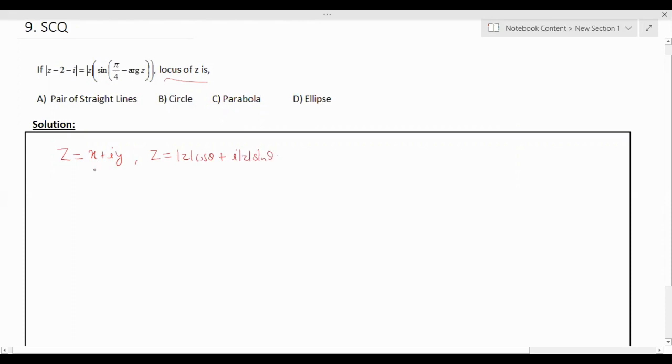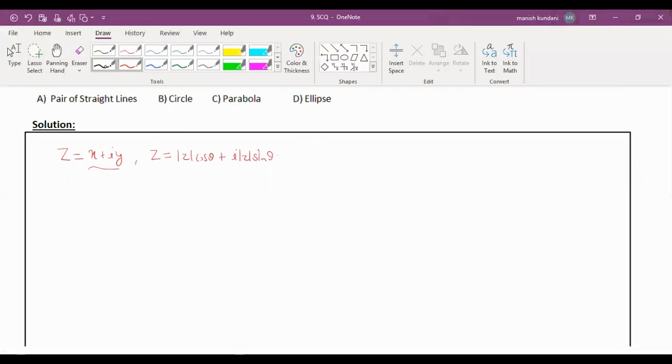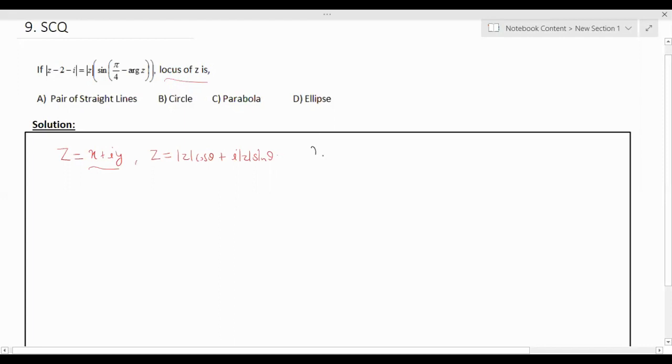If you remember this, you can write the same complex number in the Cartesian form as well as in the polar form. So if you compare these two, you should have the relation x equals modulus of z cos theta, and your imaginary part y should be equal to modulus of z sine theta.